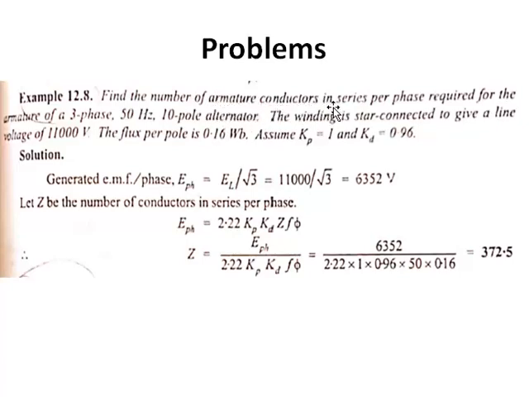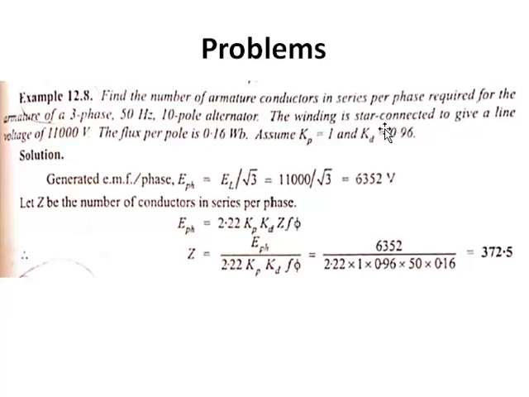Armature conductors in series per phase is nothing but Z, the number of conductors per phase. So Z we have to calculate, required for the armature of a 3 phase alternator, frequency is 50 Hertz, number of poles they have given, P is equal to 10. This is the description of the alternator.